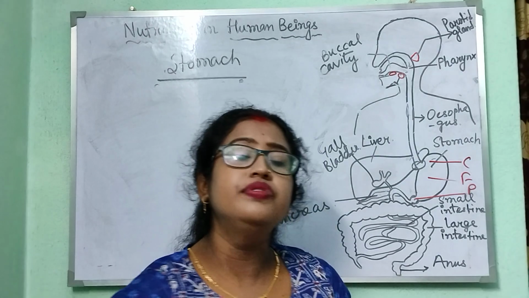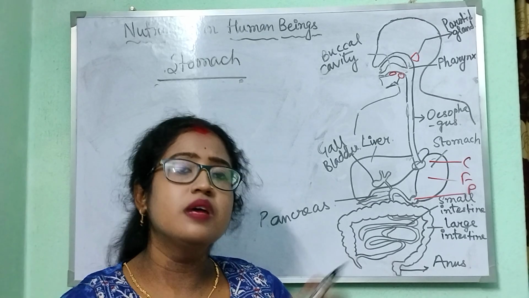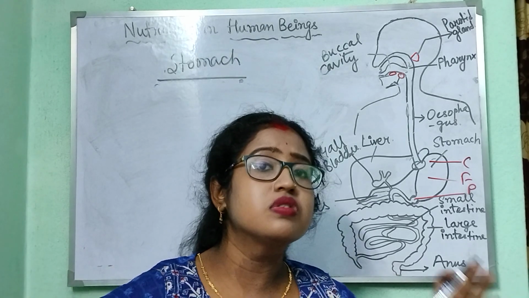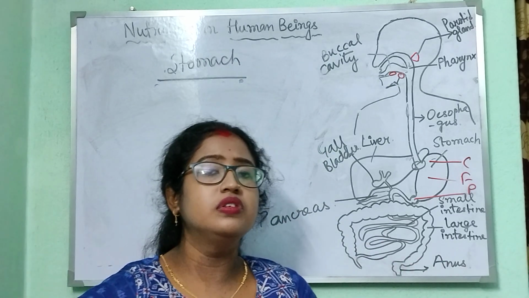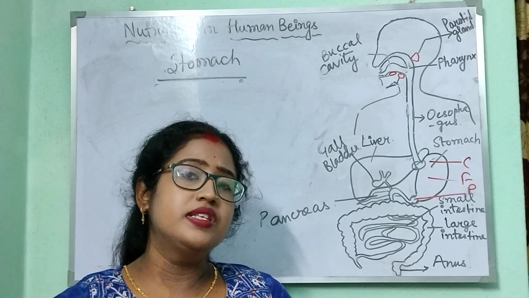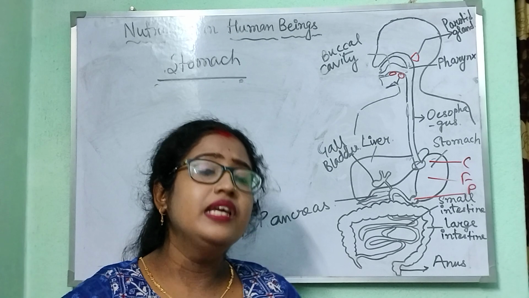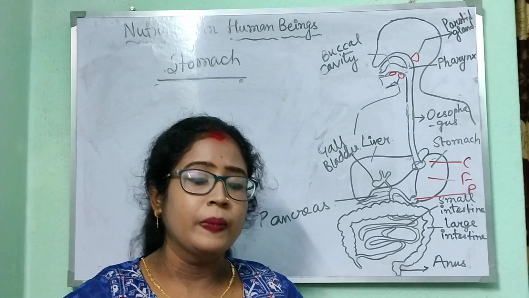HCl actually, the food that we engulf or eat, it has some bacteria in it. So to kill those harmful bacteria, HCl reacts on the food material, or the HCl actually helps to kill the bacteria in our digested food.